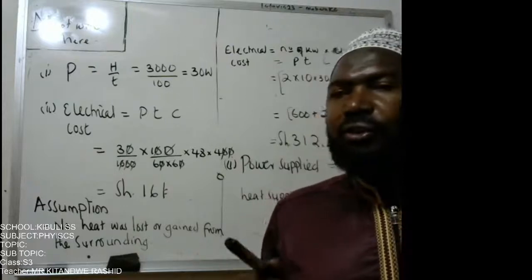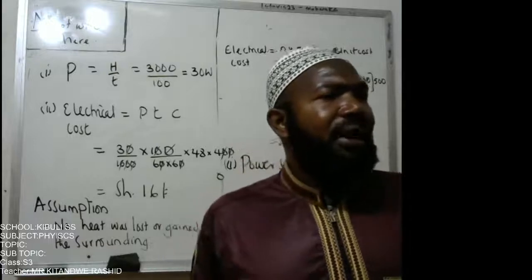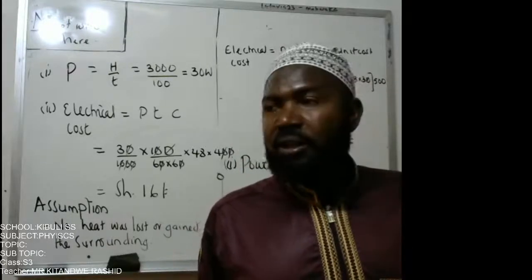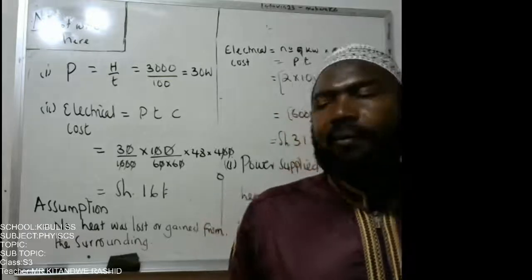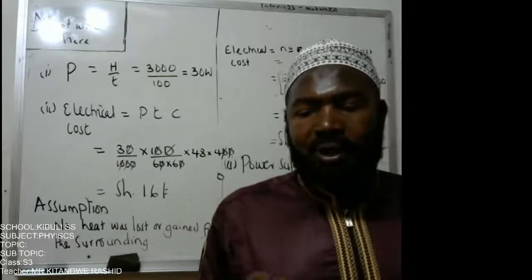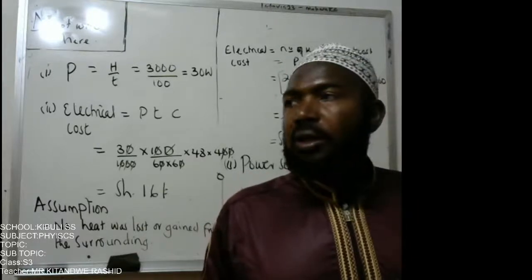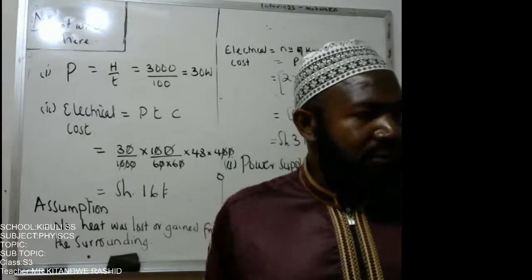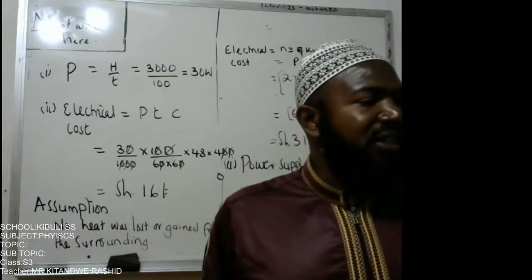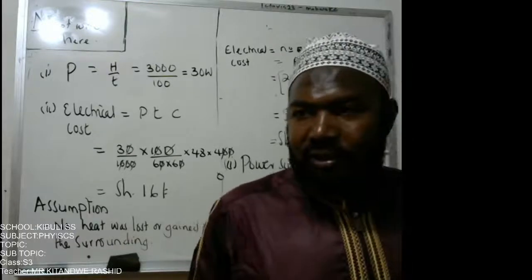Now you do well to remember, sometime when we were talking about resistance, we said when current passes through a thin wire, the wire heats up, or there is a rise in temperature. And we explained the cause of temperature rise.